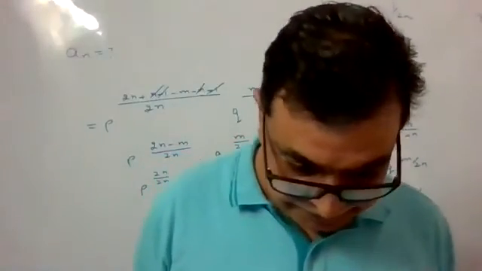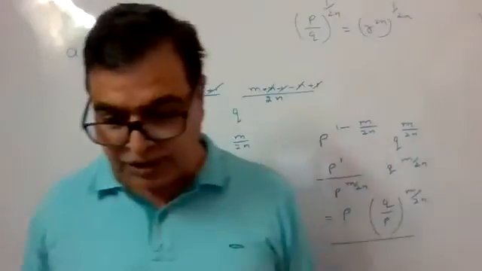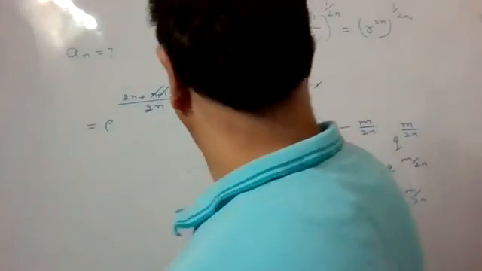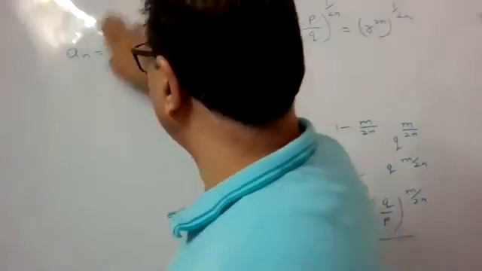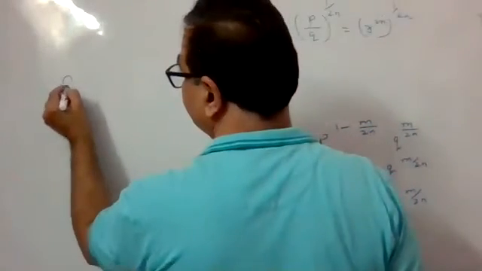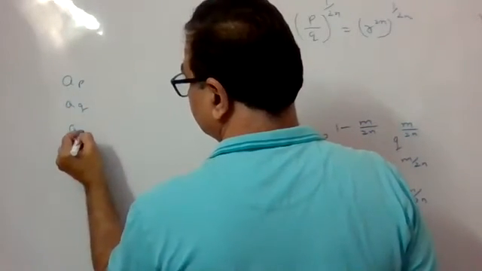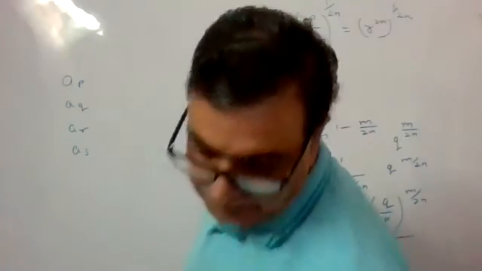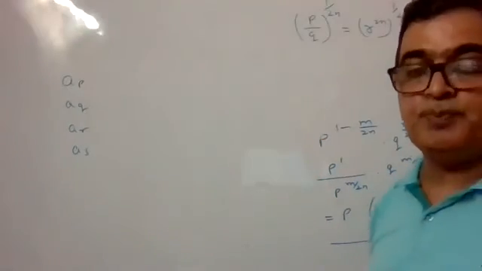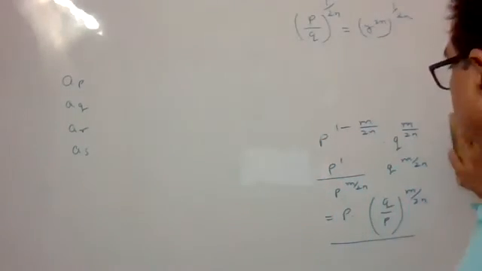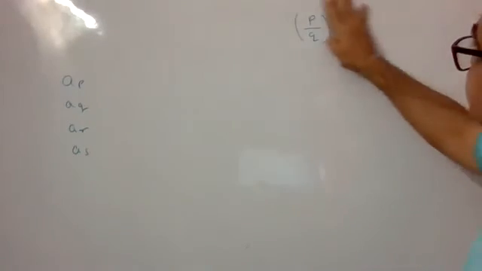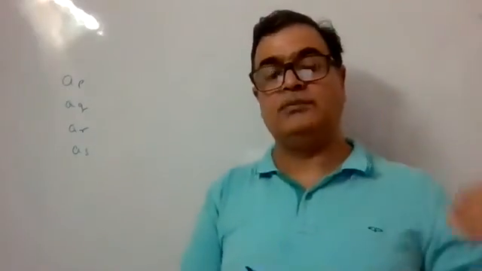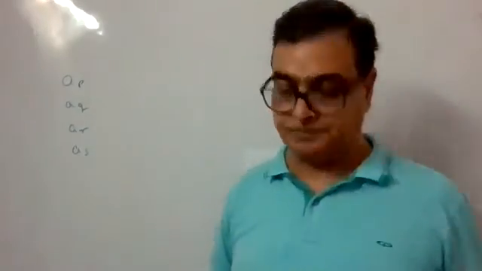Next question right now, please. If the pth term, qth term, rth term, and sth term of an AP are in GP, these four terms you have selected from an AP, and these four terms are actually in GP.